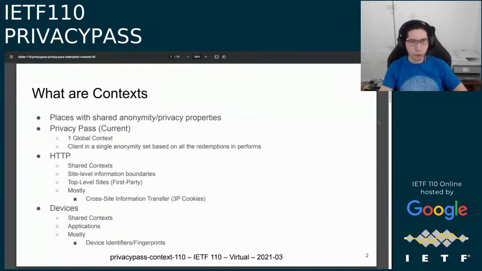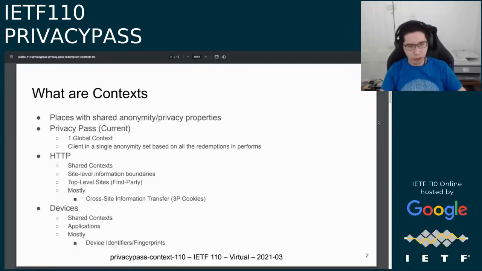In the HTTP world, we sort of have this in site boundaries, and top-level sites, which are first parties with each other, have their own context, and information shared across different top-level sites to some extent exists as a privacy boundary. There are mostly boundaries here, but there are issues such as cross-site information transfer, third-party cookies that introduce complexities here, though there's work to try reducing those sorts of information transfers to make these harder boundaries.